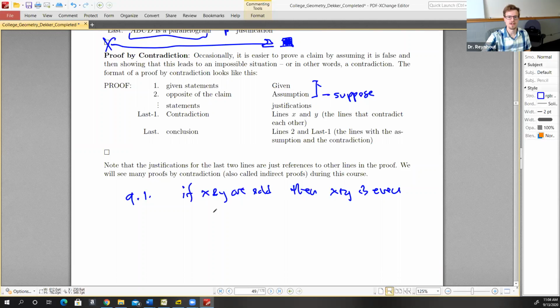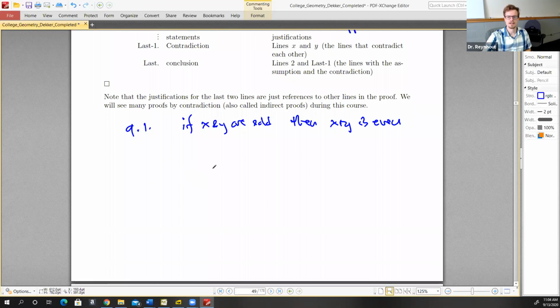What I may have done in this case is to, of course, begin by indicating a proof. So x and y are odd. My justification would be that it's given. So this is line 1, line 2.